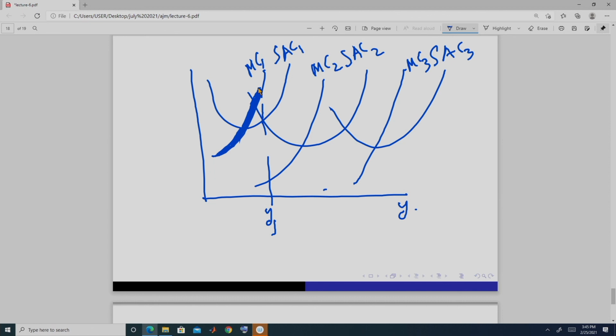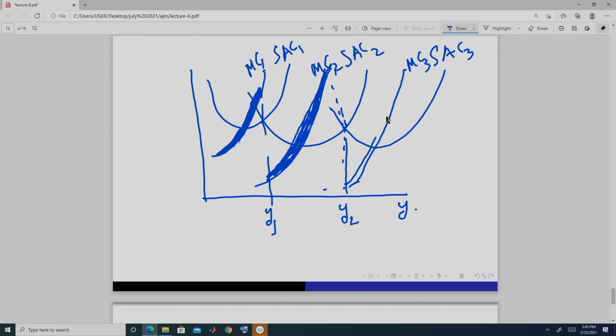Then we are going to shift to this plant, and here the marginal costs are this, and we are going to continue to produce till this level of output. This is the marginal cost, right, till plant 2.